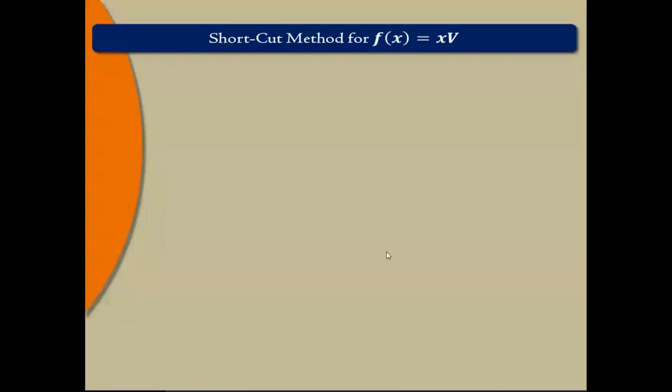Shortcut method for the next term, that is x into v, where v is any function of x. The formula for the shortcut method is 1 upon phi of D into x v equals x minus phi dash D upon phi of D into 1 upon phi of D applied on v.